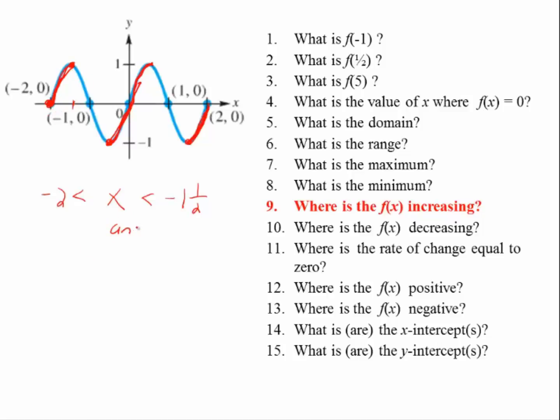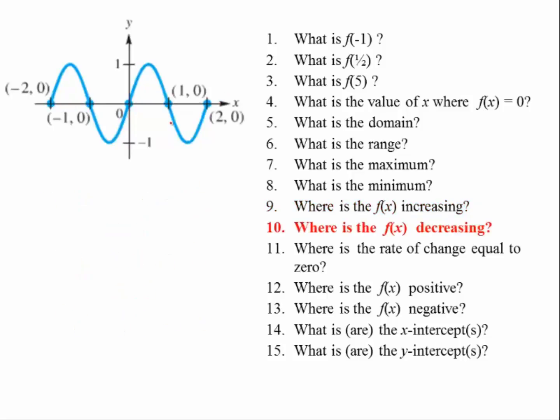The second area is from -1/2 to +1/2. And the last section is from 1.5 to 2. There are three pieces of this function where it is increasing.